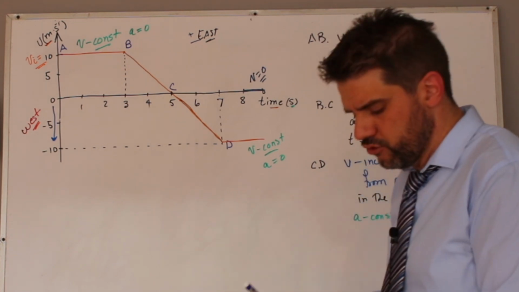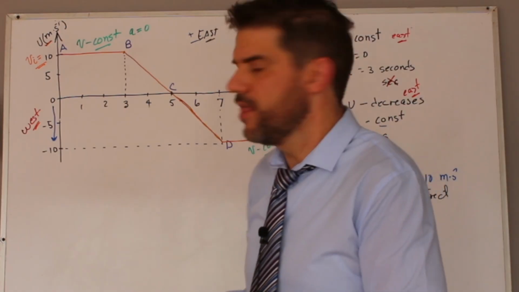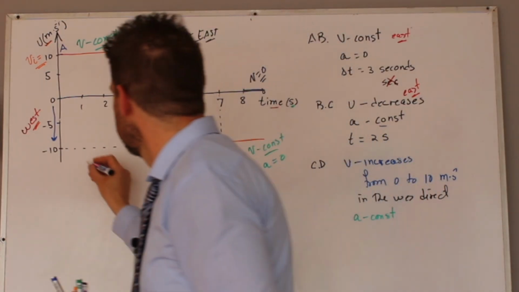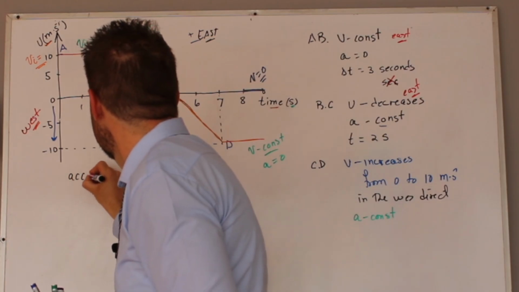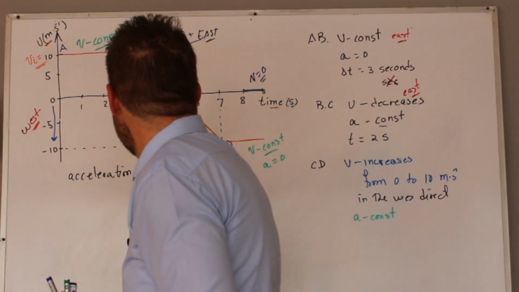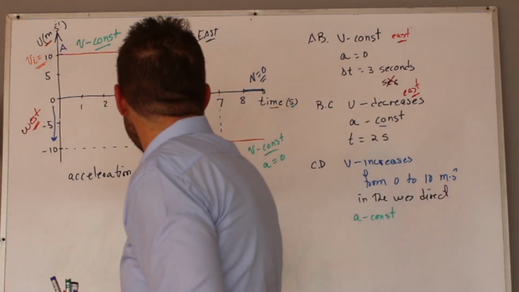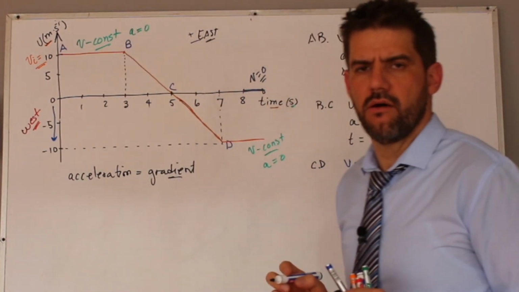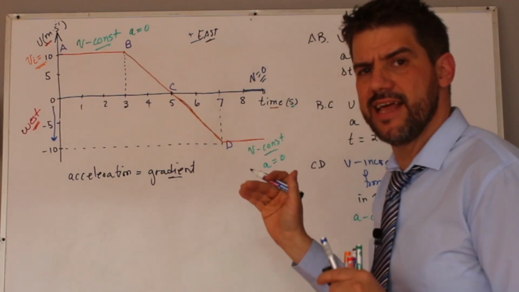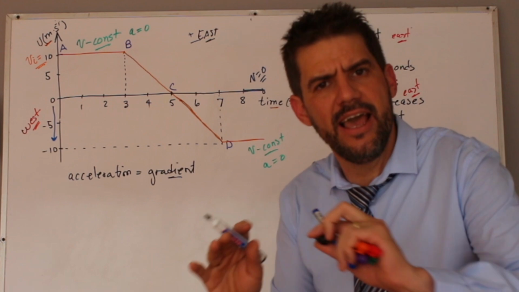Now, the next question, they ask you to calculate the acceleration. You need to know that, using the graph of motion, acceleration is equal to the gradient. So whenever in this graph you have to calculate acceleration, all you have to do is look for the gradient. End of the story.